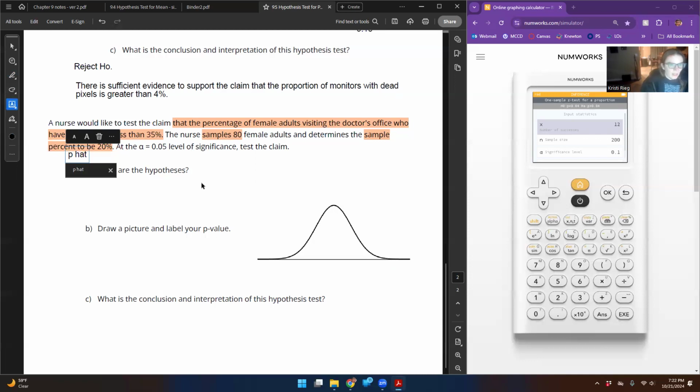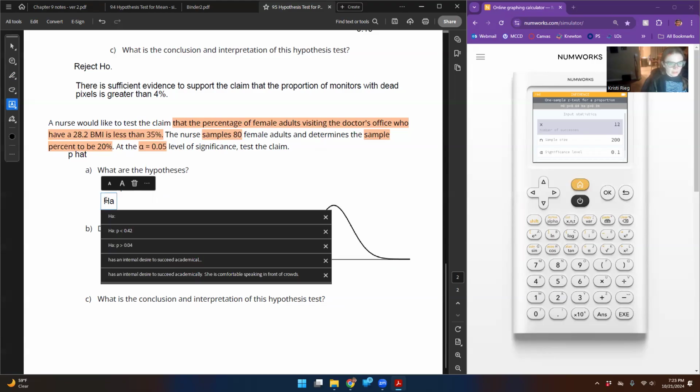Okay, that's not really as helpful as they think it is. Okay, and then we have our alpha right here. So less than 35%. Let's get our null and our alternatives. So P null is always equal, and we're talking about 35% in our claim.